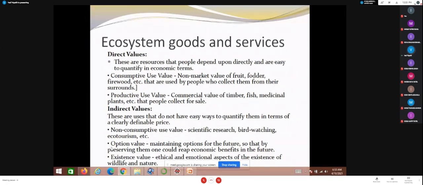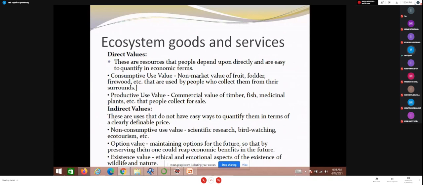Then there are other indirect values, which are option value. If we maintain those ecosystems, then in the future we will be able to reap economic benefits of these ecosystems, because each of these ecosystems has a very important role in the environment.